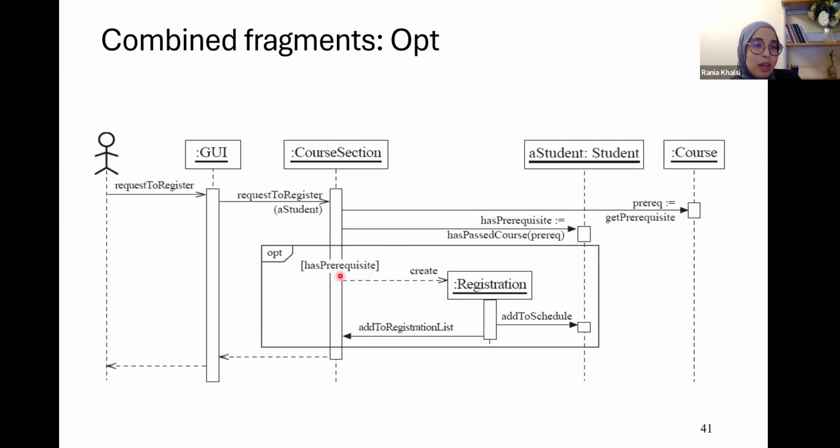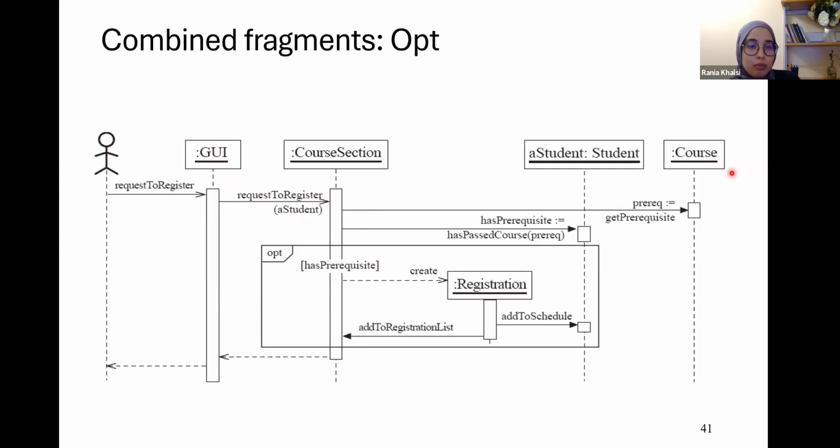It's not mandatory, and there is some condition. In this case, a user is going to request to register in the graphical user interface. Then the course section executes the method request to register given that student.